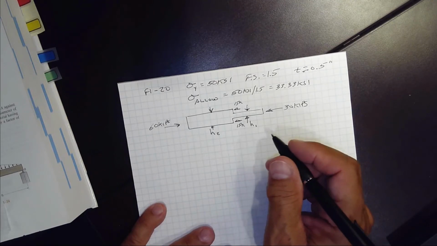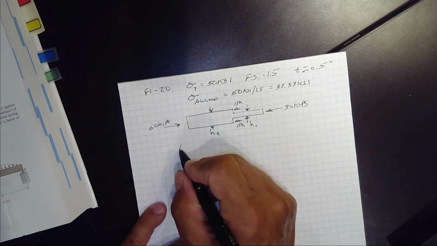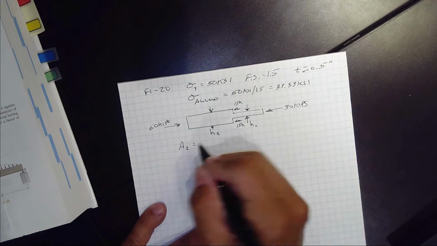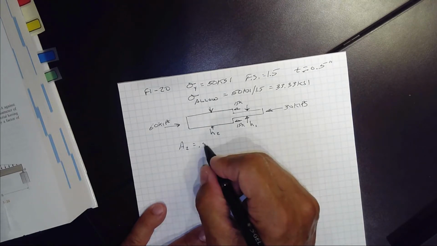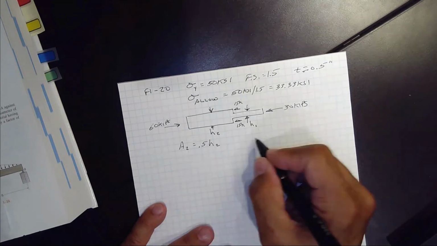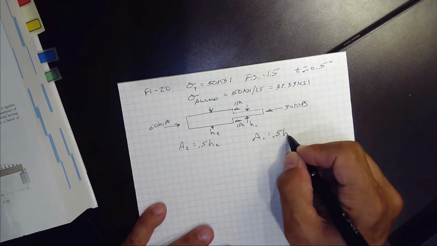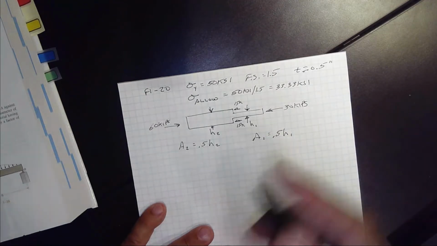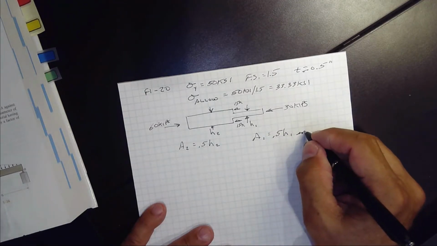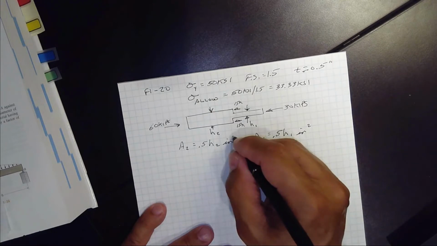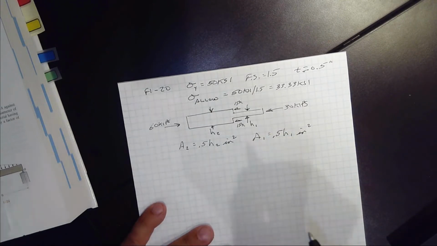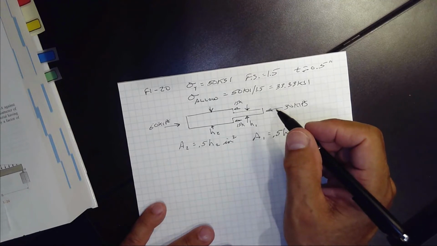So the area 2 is going to be equal to 0.5 H2, and the area 1 is equal to 0.5 H1. Those are in inches squared. And we know that the allowable stress is given.